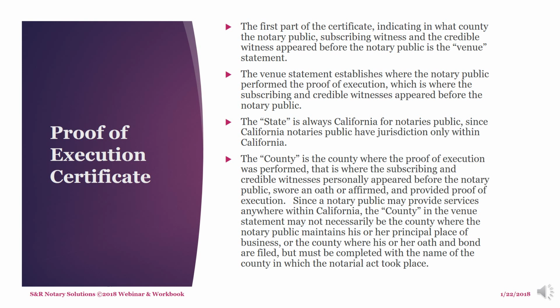Since a notary public may provide services anywhere within California, the county in the venue statement may not necessarily be the county where the notary public maintains his or her principal place of business, or the county where his or her oath and bond are filed, but must be completed with the name of the county in which the notarial act took place.